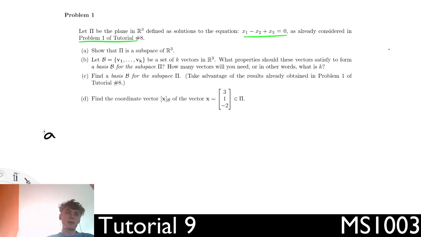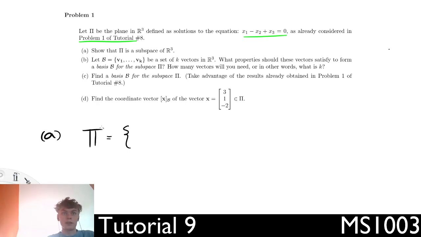Now, for part A here, what I want to show is that the plane itself is a subspace of R3. So the first thing I want to do is write this strictly, not lazily.